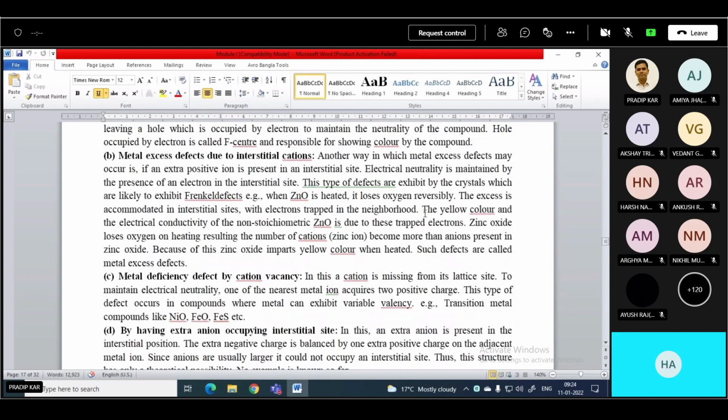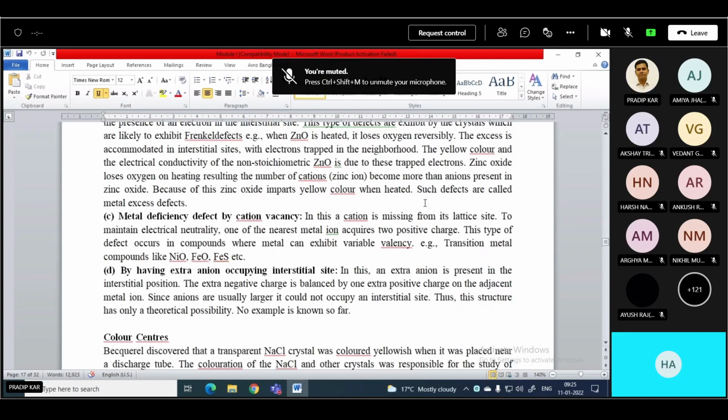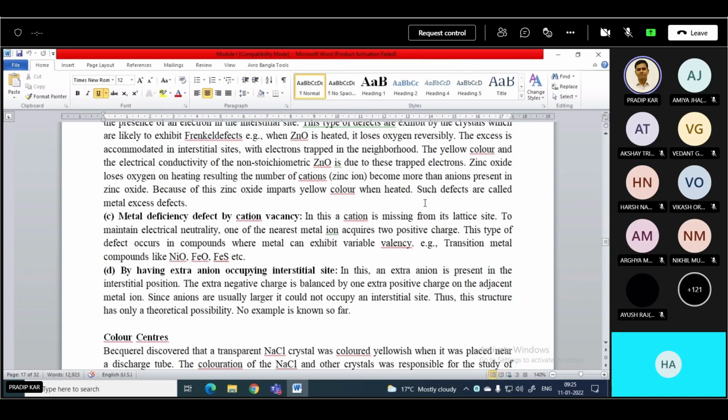So here, this type of defect occurs in compounds where the metal can exhibit variable valency, because when extra charge is possible on the metal, this type of defect is possible.